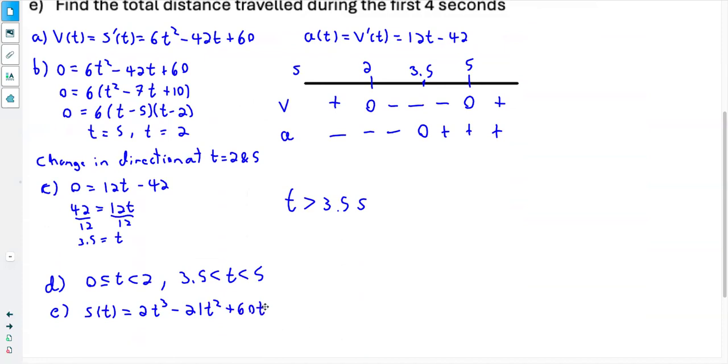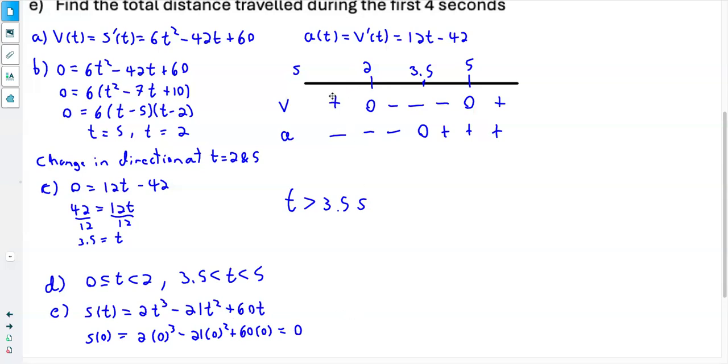And first 4 seconds, so that gives us a starting point of 0 seconds. So we've got S of 0 is equal to 2 times 0 cubed minus 21 times 0 squared plus 60 times 0. Now that just gives us a distance of 0 meters. So it's starting at 0 meters.